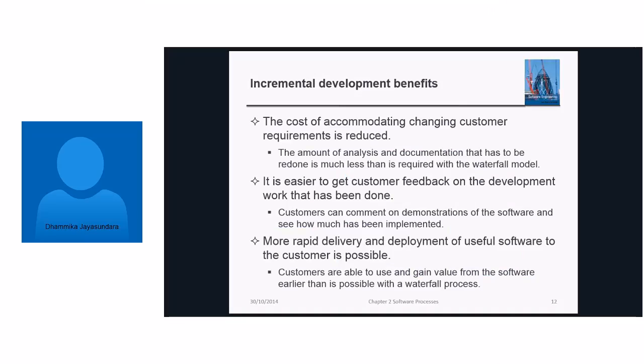And benefits of a traditional method versus incremental development. So the cost, the easiness and the time.